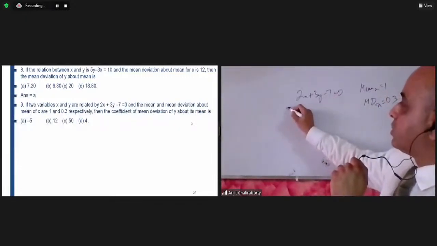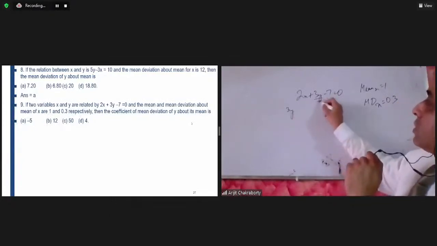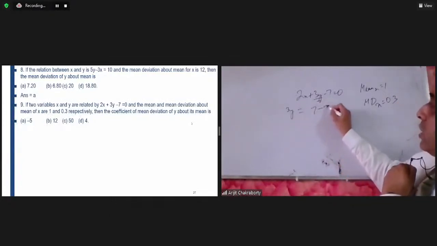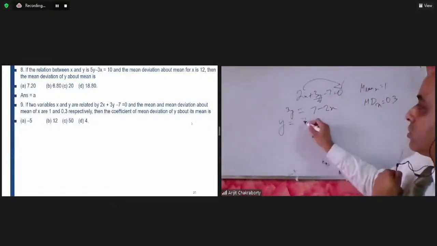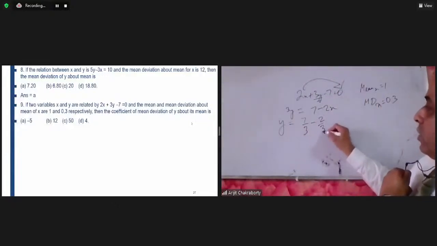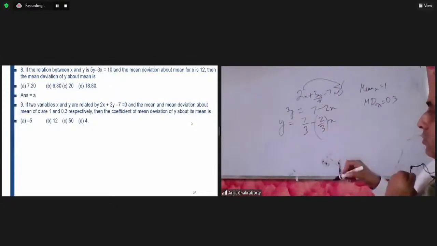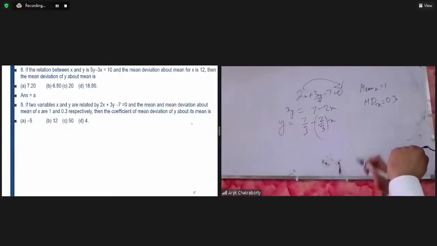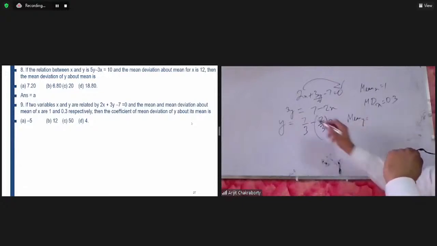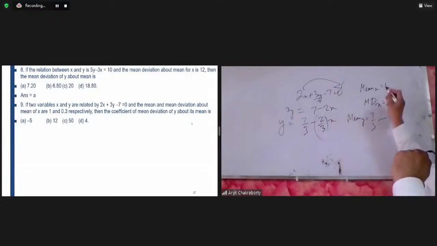First we take 3y. This 3y is equal to 7 minus 2x by transposing. So y is equal to 7 by 3 minus 2 by 3 x. Okay. So first of all, please note that here we have to first find the mean of y. So mean of y will be 7 by 3 minus 2 by 3 into mean of x.